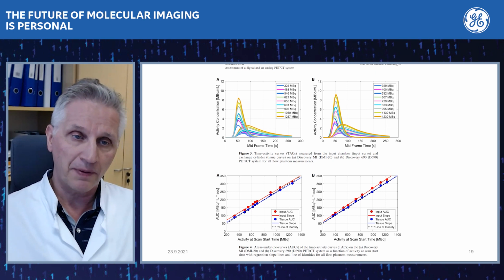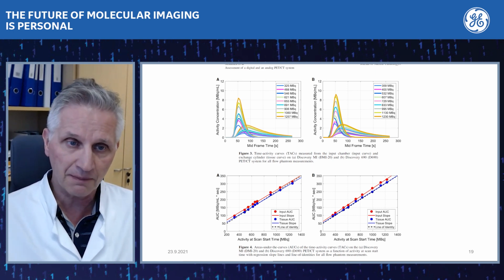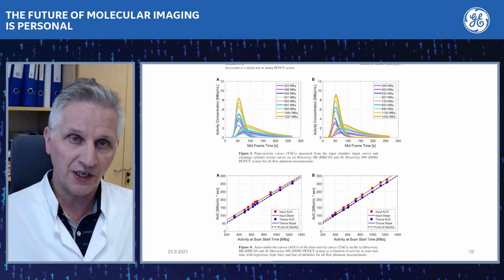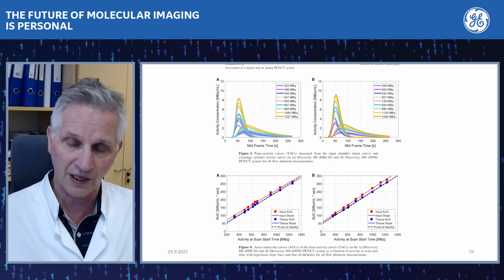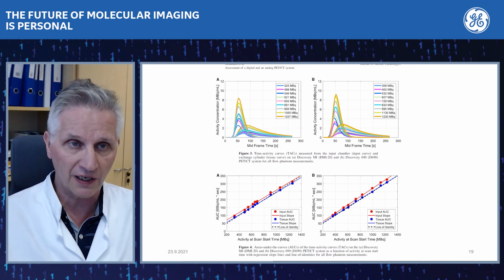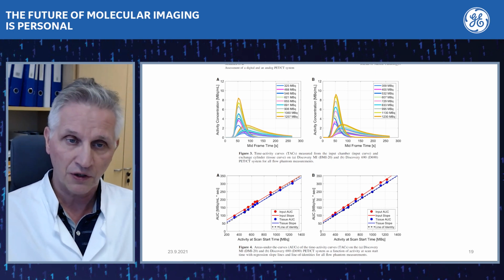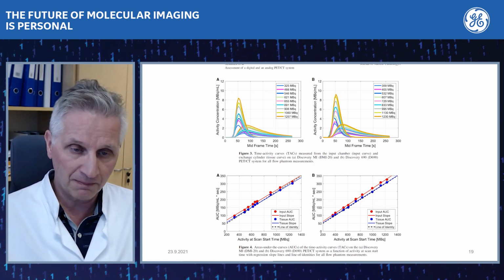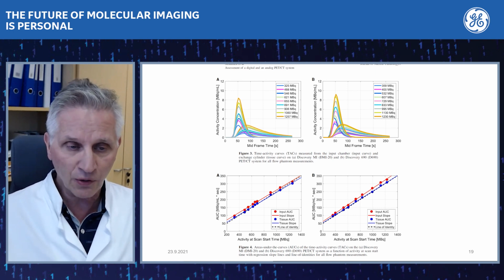Then we compared how the curves behave in different scanner types. When we injected different amounts of the tracers, you see very nicely that in both scanners you will get very smooth and nice time activity curves from input and output curves. And even more importantly, we were keen on what would happen in the quantification.